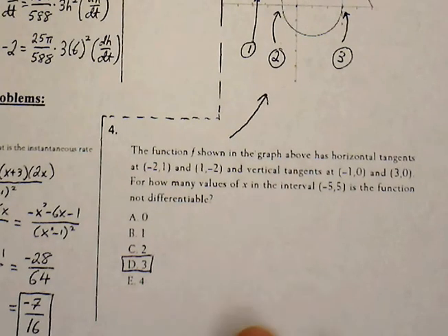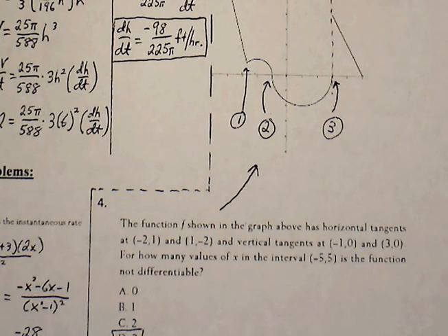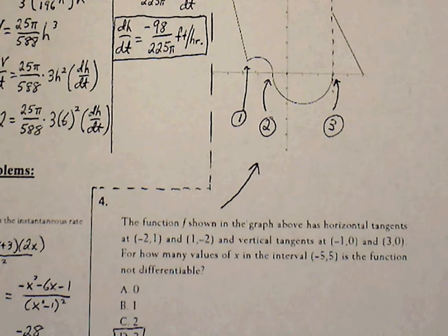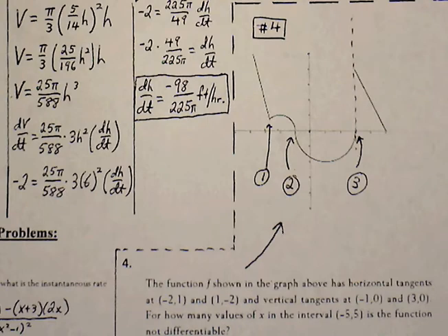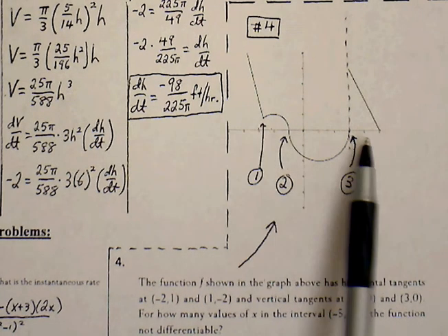Okay, number 4, the function f has horizontal tangents at (-2, 1) and (1, -2), and vertical tangents at (-1, 0) and (3, 0). For how many values of x in the interval is the function not differentiable? Not differentiable, graphically, means sharp points, endpoints, or vertical tangent lines.